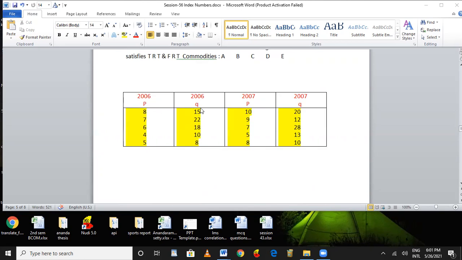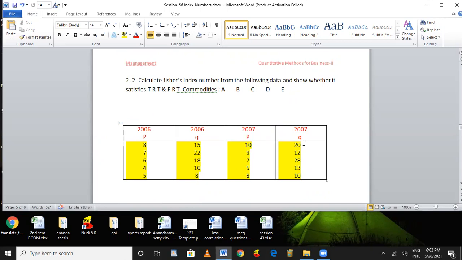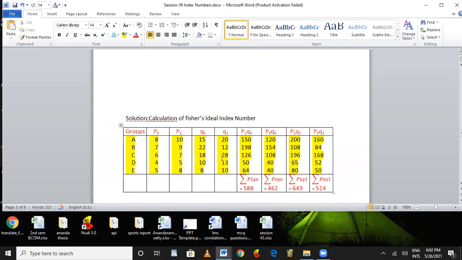Here, P and Q for the base year and the current year have been given. Now, if you multiply P1 Q0, P0 Q0, P1 Q1, P0 Q1, you will get 588, 462, 649, 514.